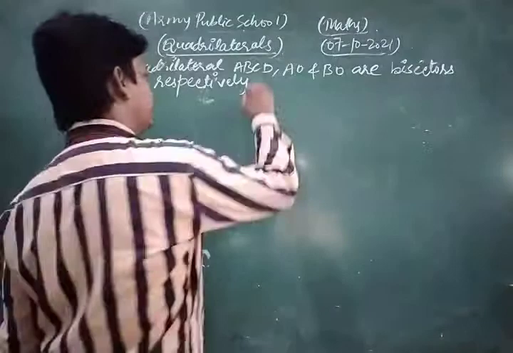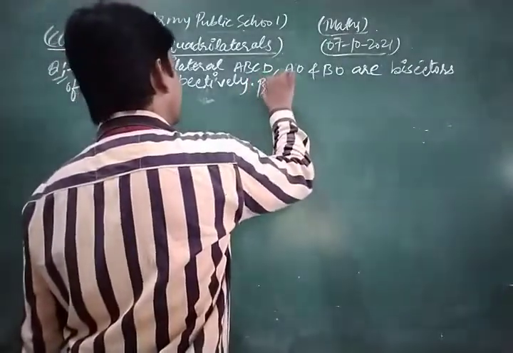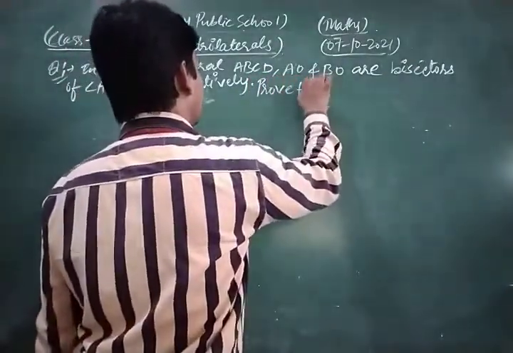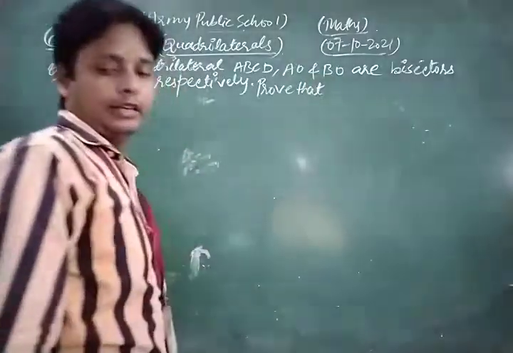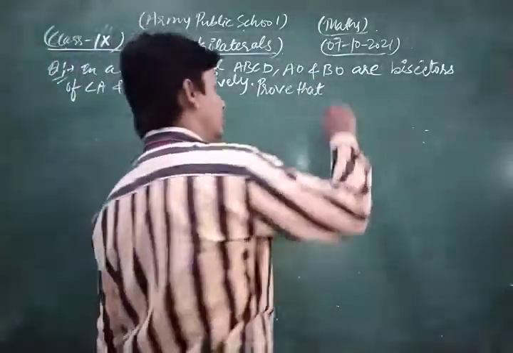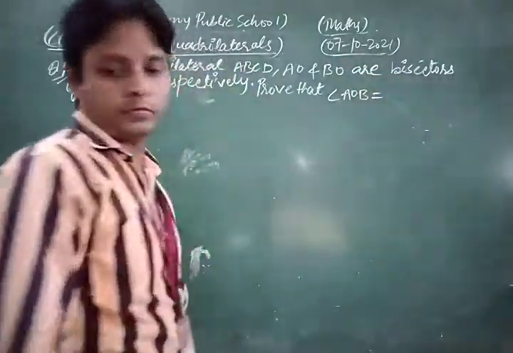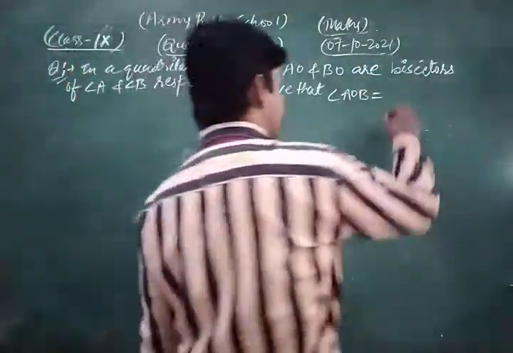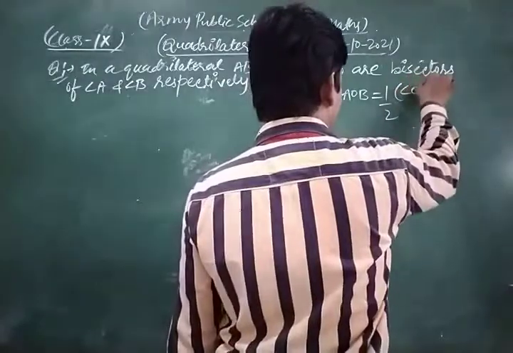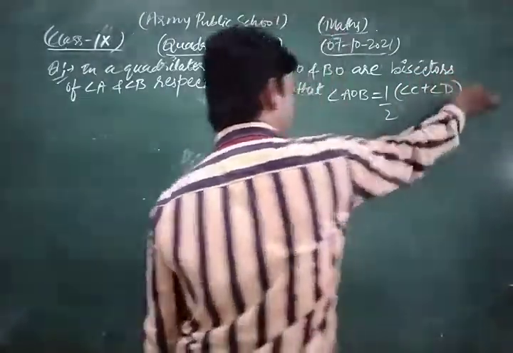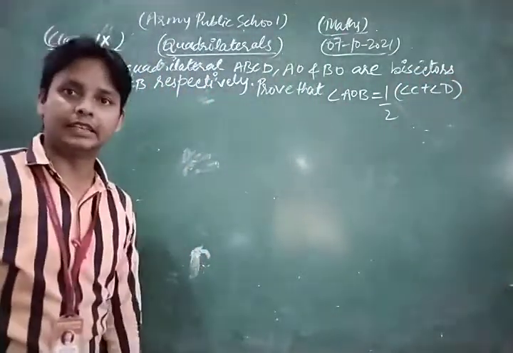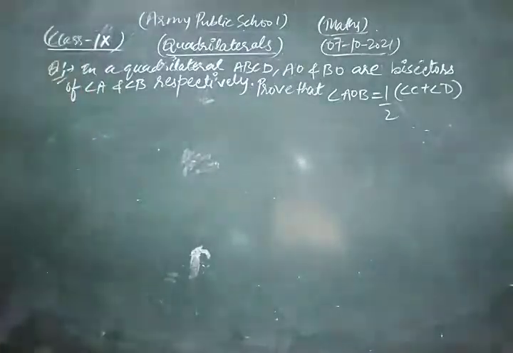Prove that angle AOB is equal to half of angle C plus angle D. Half of angle C plus angle D. Now let's see its solution.